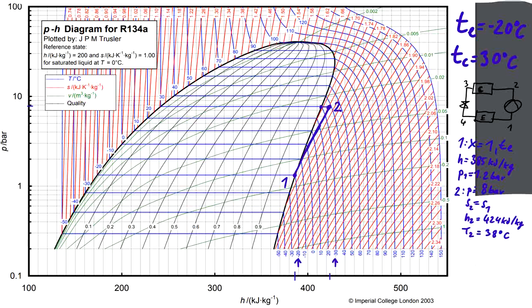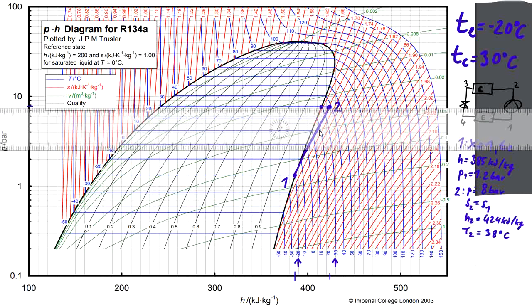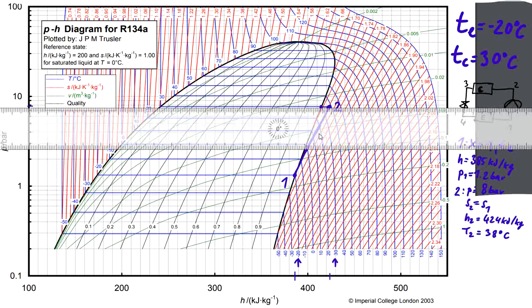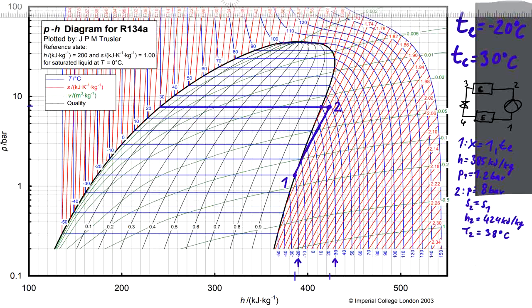So now the condensation takes place, and because we are already at the temperature 5 degrees C above the ambient, we cannot go to lower temperatures. Otherwise, if we could, we would continue to the left.